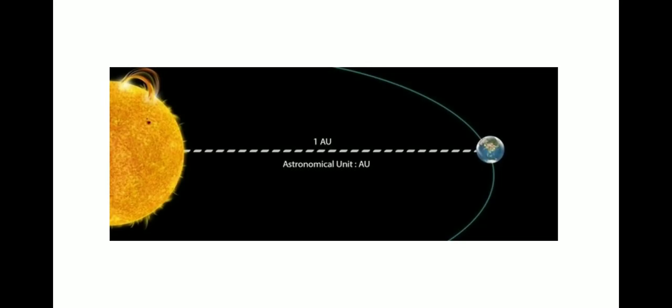The astronomical unit is the distance between the sun and the earth. So the distance between the earth and the sun is 1 astronomical unit, or 1 AU. And this is approximately equal to 1.496 into 10 to the power 11 meters.